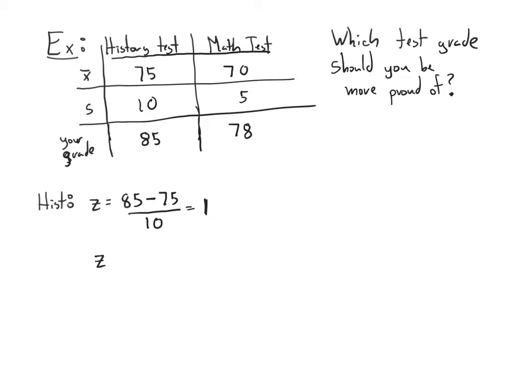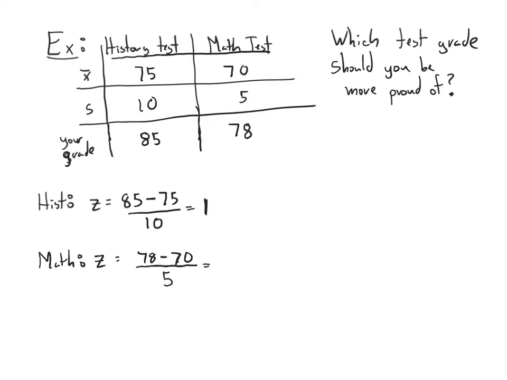For the math test, well, we got a lower grade on a test with a lower average and with a lower standard deviation. So let's see what happens there. So we subtract the data point minus the mean, and we divide by the standard deviation.